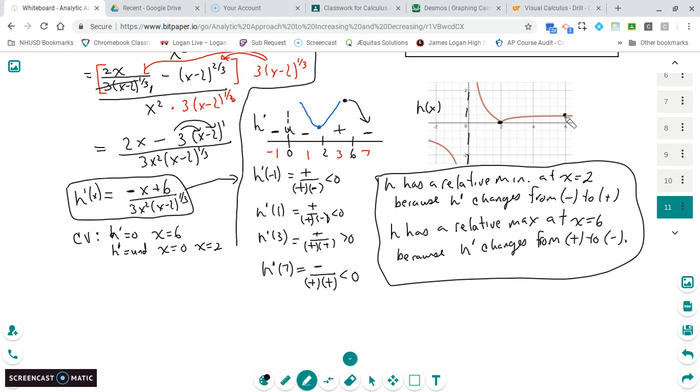At x equals 6, it turns out that that's a maximum, because at some point this graph starts, it's not really noticeable, but it just gradually falls. So that actually is a high point, a local maximum, but it's very difficult to see. You can kind of see the increasing on this side, but it's hard to see the decreasing. So there is our analytical process for finding relative extrema.